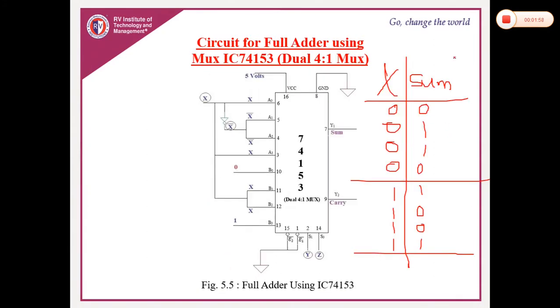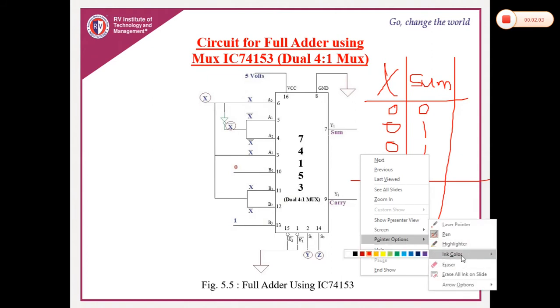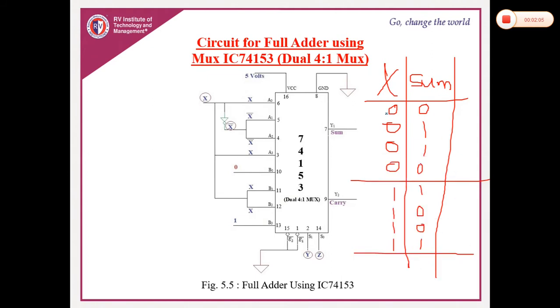Then our next agenda, I'll use a different color pen. You can see here 0 and 0, the output is following X, meaning it is the same as X. Whenever we consider combinations, you should concentrate on equal distribution first, meaning the entire truth table you have to divide into two equal parts.